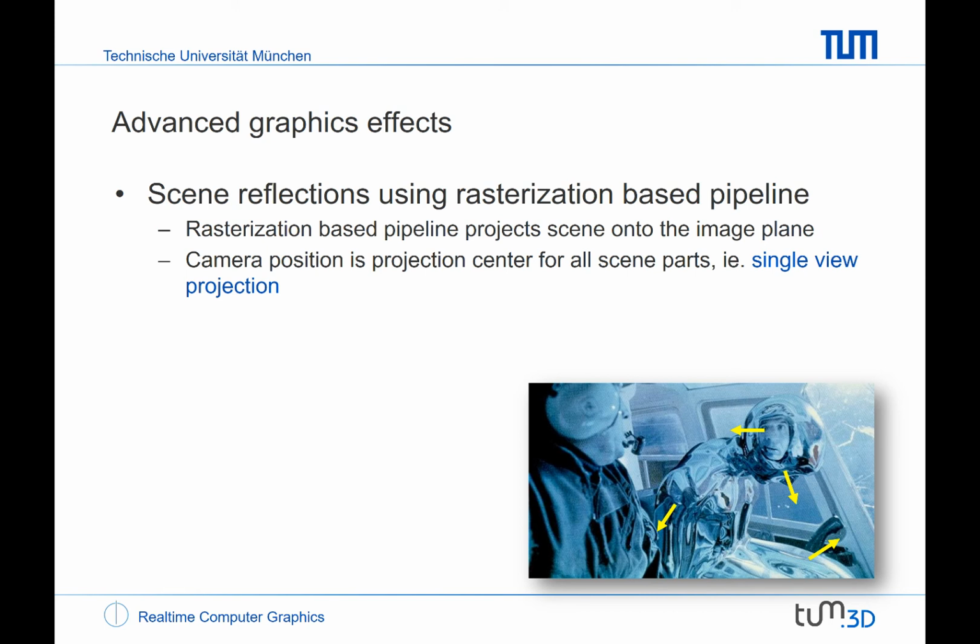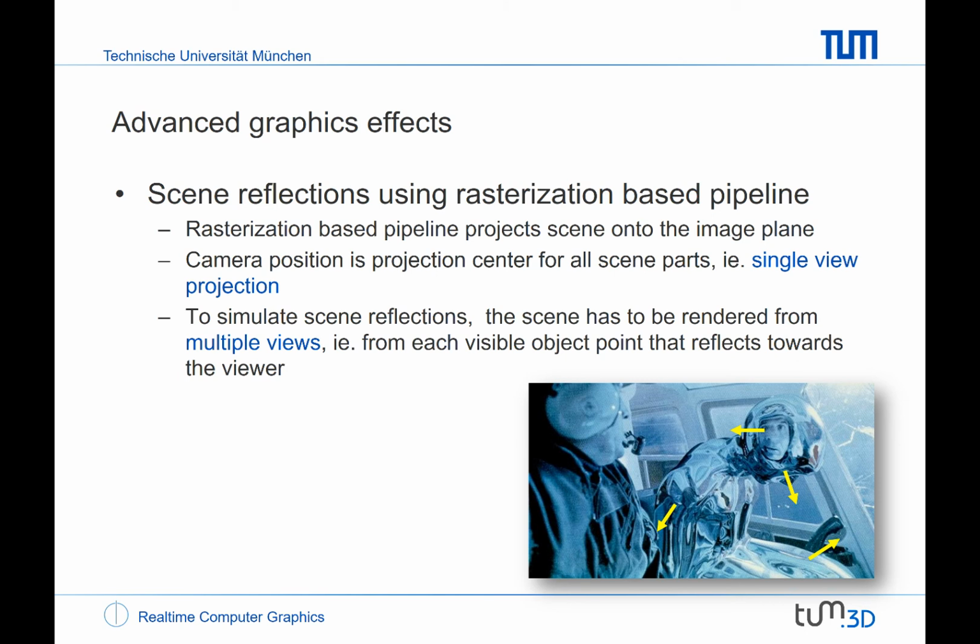What we usually do is define the camera position as the center of projection for all the scene parts, and then we can realize this projection using one single projection transformation that is applied to all the scene geometry.